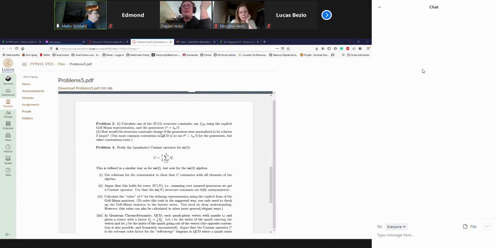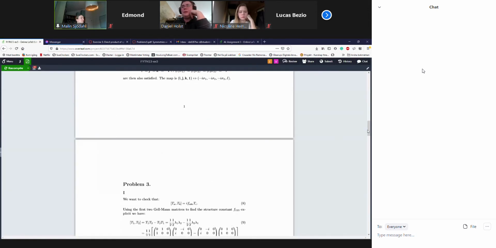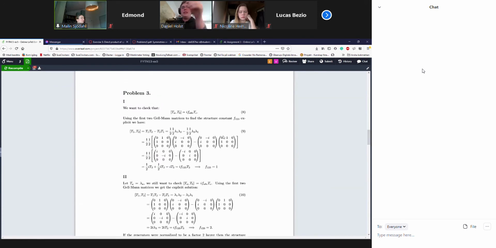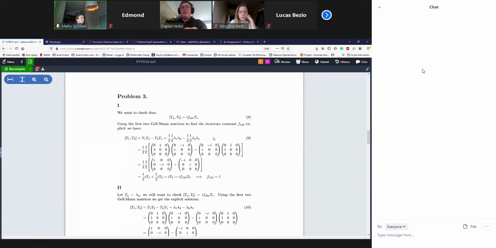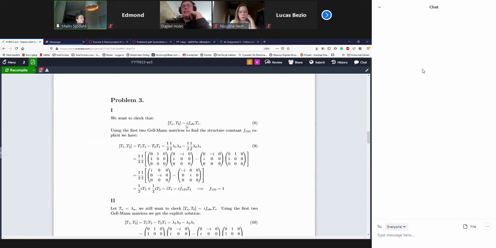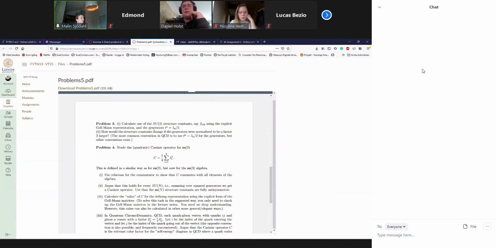Okay, so problem 3, this is your exercise. First we're supposed to calculate one of the structure constants using this Gell-Mann representation. The simplest way is, as the problem said, the easiest to do is 1 to 3.